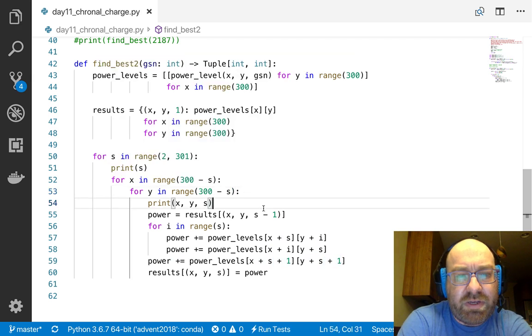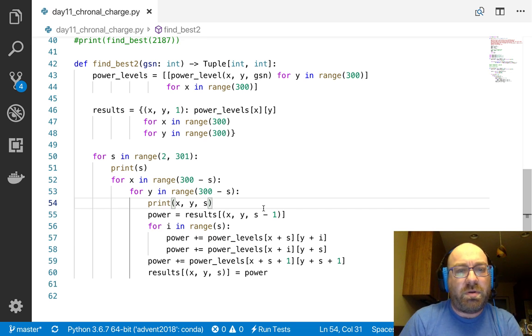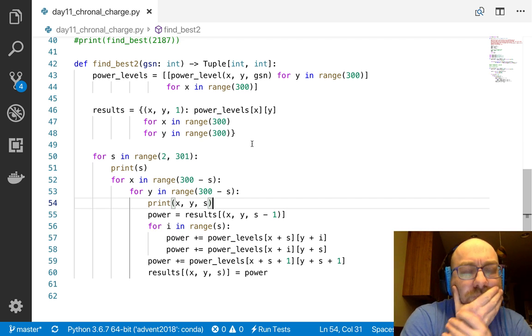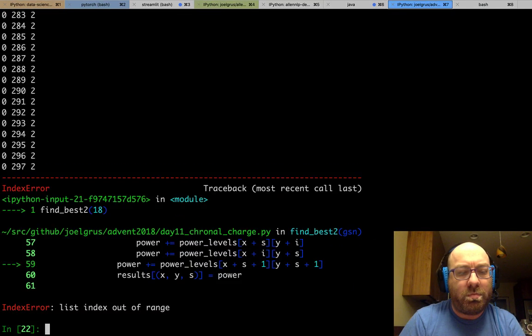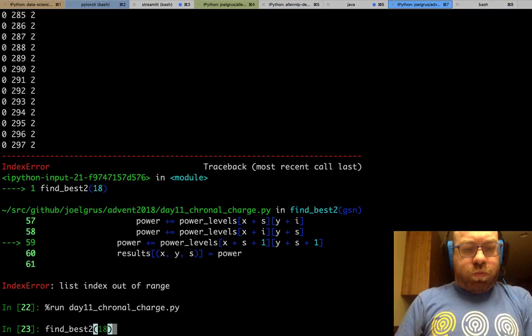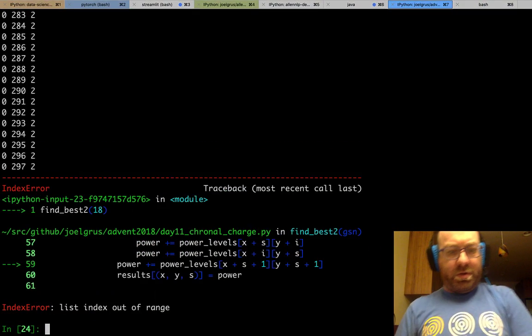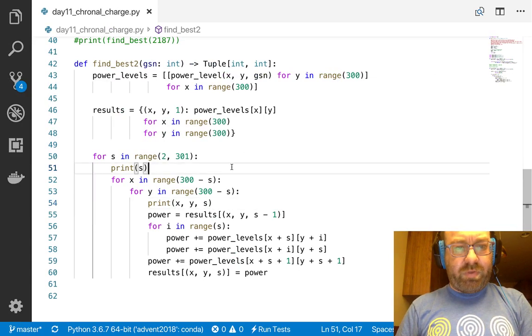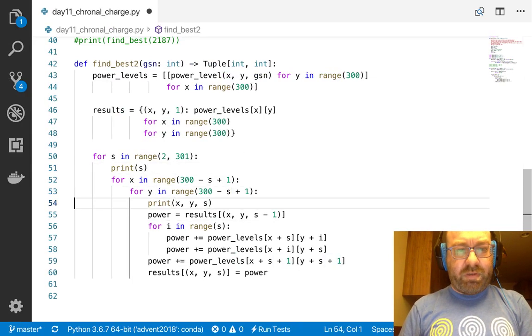So if s is 2, yeah, I think I have an off by 1. No, I don't think I do, but that's still the problem. So even with that fix, so let me think about this.